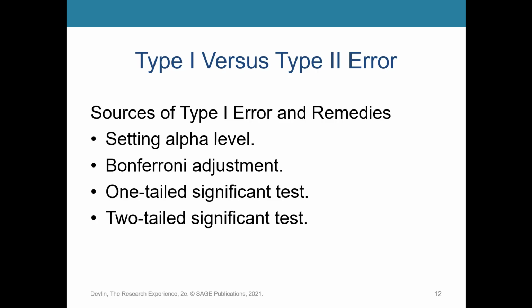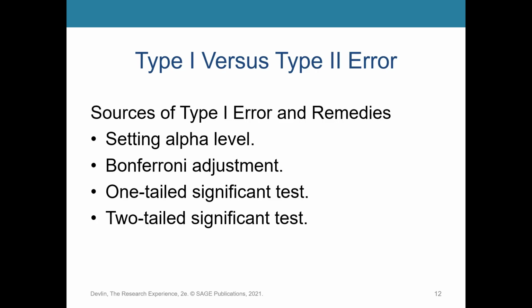One thing to keep in mind is when you lower the alpha level, that directly affects type 1 error. It lessens it. However, it increases type 2 error, which we'll talk about here in a little bit. But we directly control for type 1 error. And sometimes researchers do a Bonferroni adjustment.